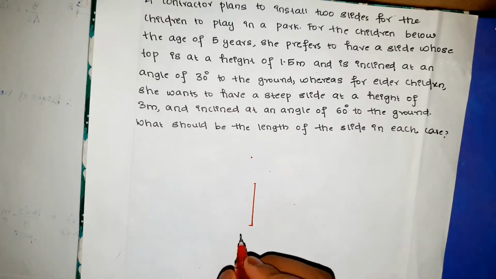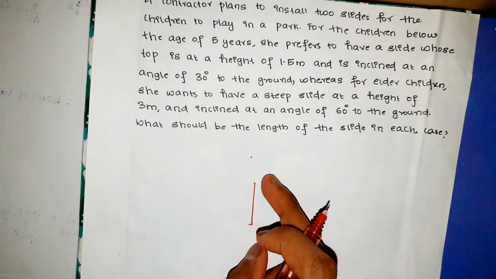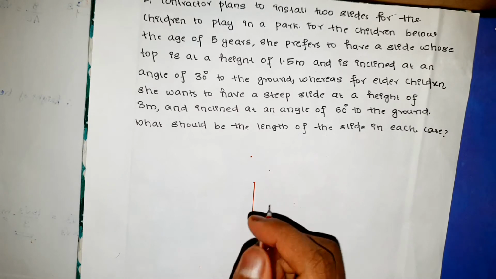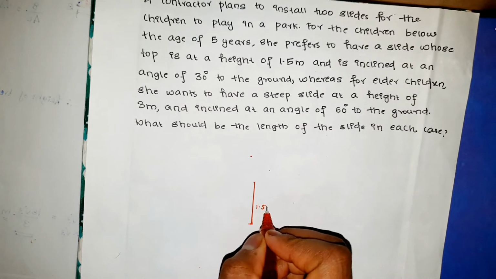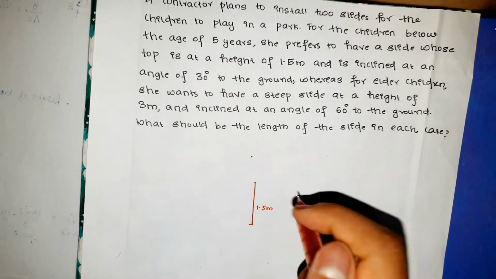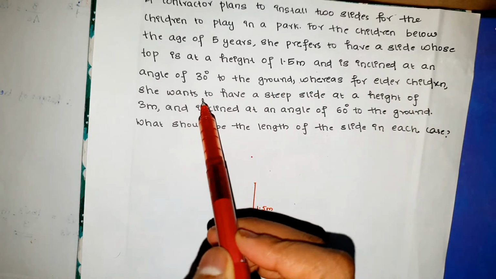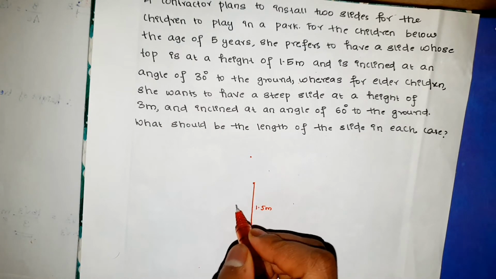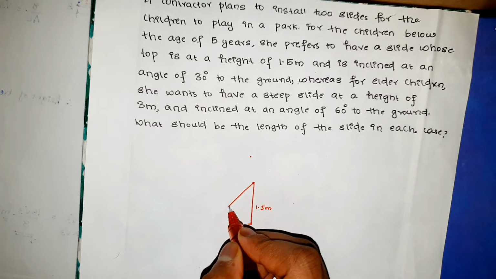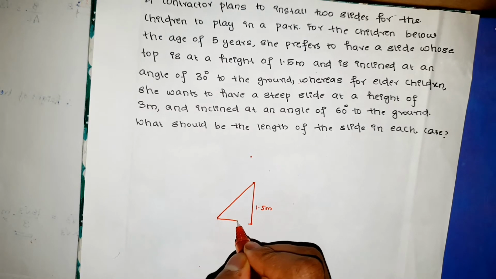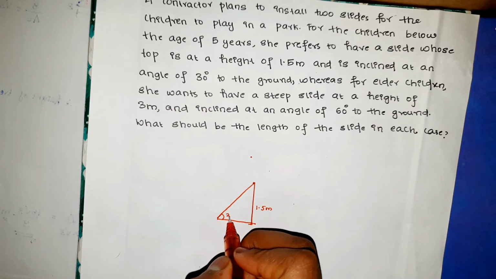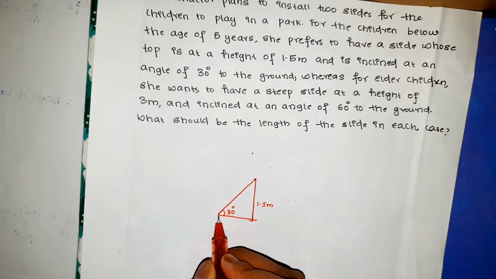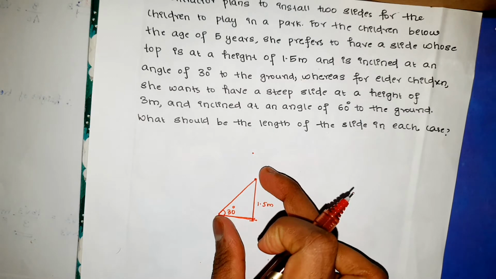Let this be the height, that is 1.5 meter. Next, it is inclined at an angle of 30 degree. The slide is inclined at an angle of 30 degree to the ground.